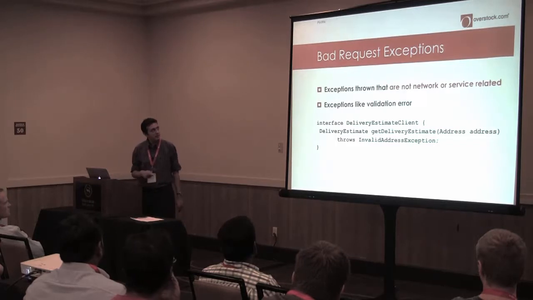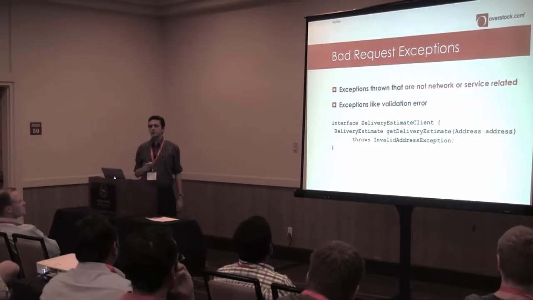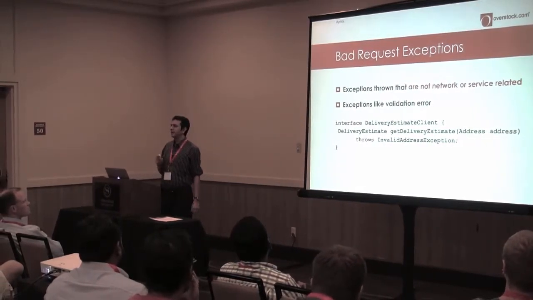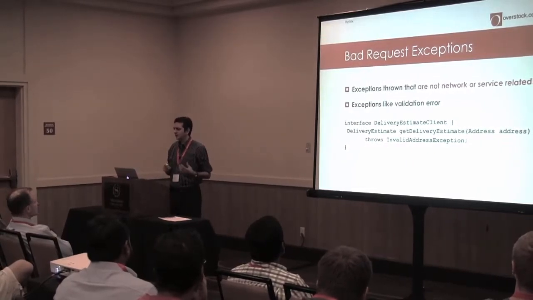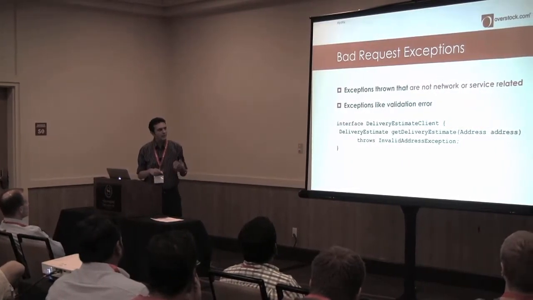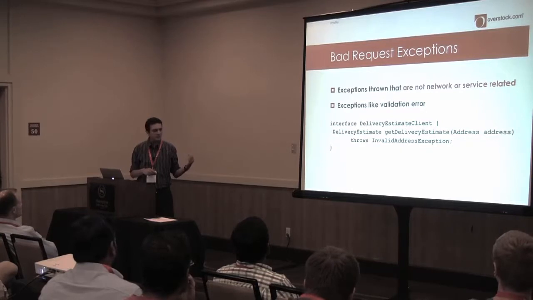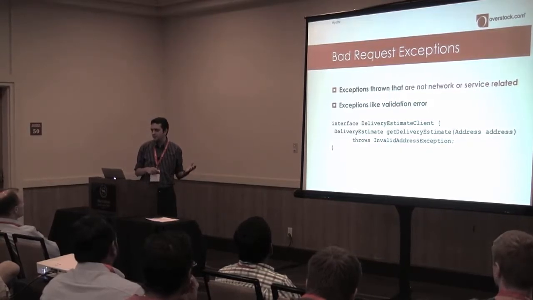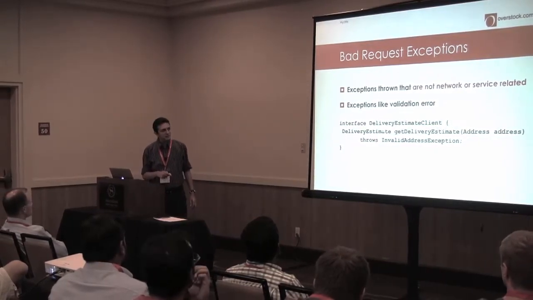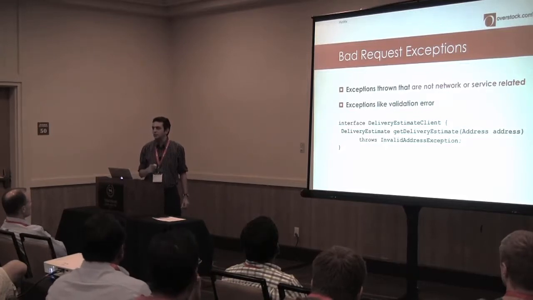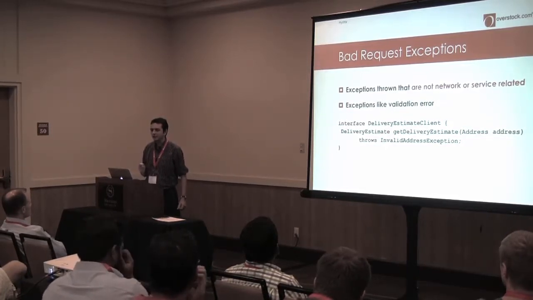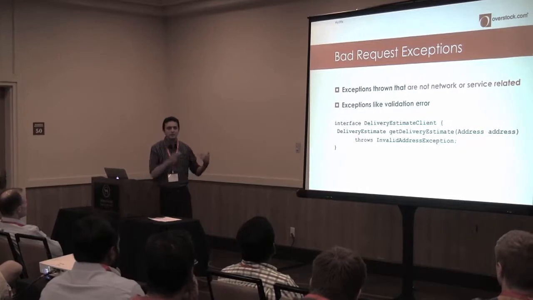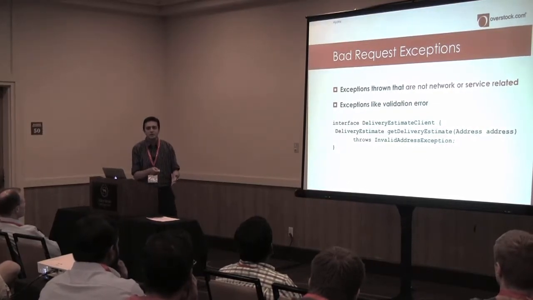Now, in some scenarios, we encounter invalid exceptions, like validation exceptions. For example, if you have an address that's invalid, the web service client may throw an invalid address exception. This invalid address exception should in no means contribute towards metrics of failure, right? Because it's a valid thing. It's not something about the network being down, the web service being down, or any such thing.